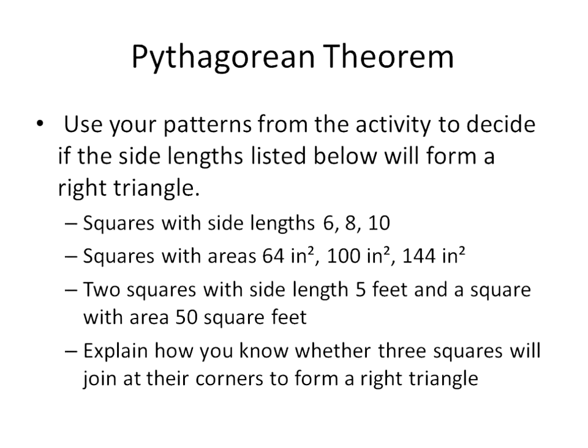We've got our patterns, and what we need to do now is use that idea of leg squared plus leg squared equals the long side, which is called the hypotenuse. And the question says, use your patterns from the activity that we did last week, which we just wrote up at the top, to decide if the side lengths listed below will form a right triangle.